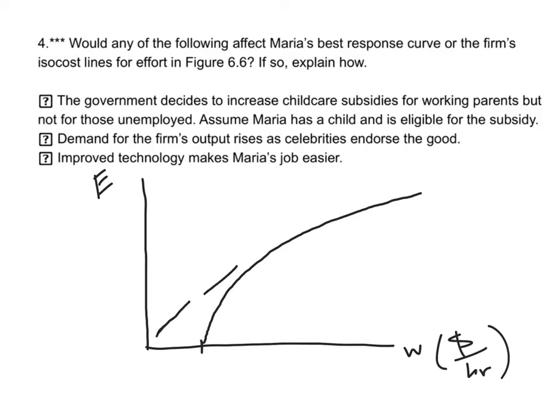The firm minimizes its costs, by paying as low a price as it can to get the effort it needs. And so the isocost functions, remember, are rays from the origin that correspond to the effort per dollar that the firm has to spend.